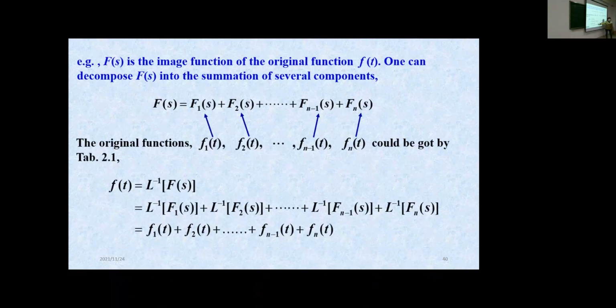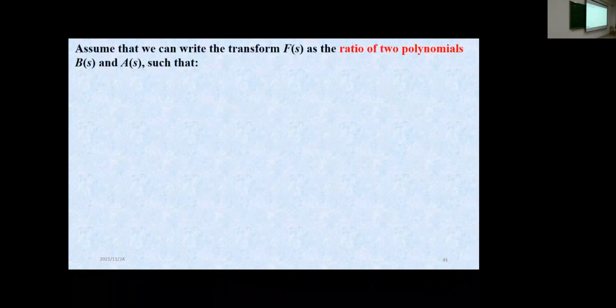So this is the inverse Laplace transform for F(s). Assume that we can write the transform F(s) as the ratio of two polynomials, B(s) and A(s).